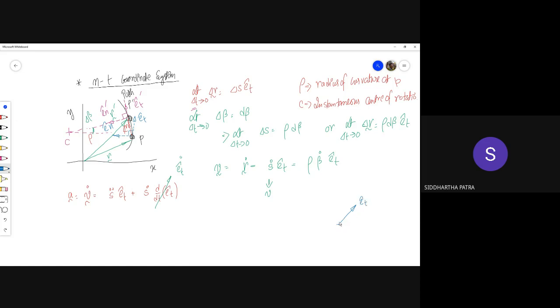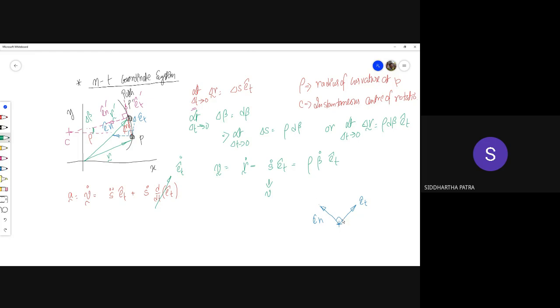Now, what is the length of et? Sir, 1. This is a unit vector. What is the length of En? Once again, that is 1.